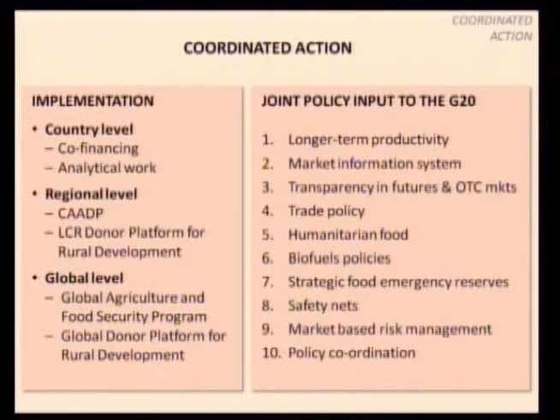And there was the establishment of a global agriculture and food security program to implement some of that commitment, of which only $1 billion of the 22 has been pledged to that fund, of which only half of that has actually been received and allocated.